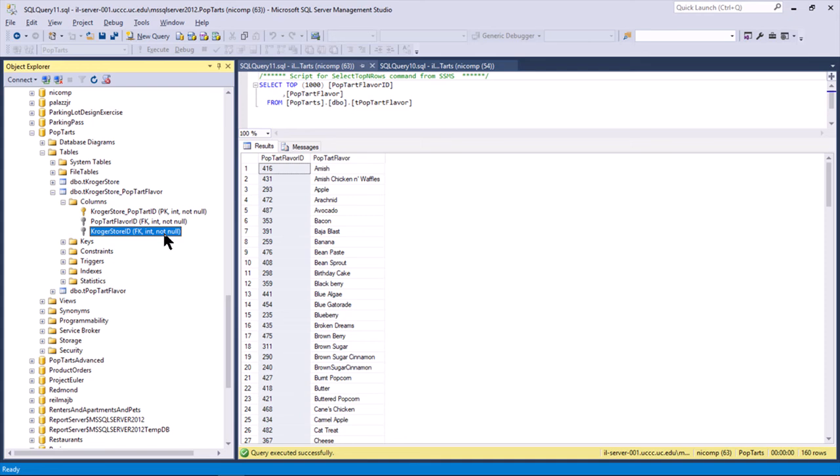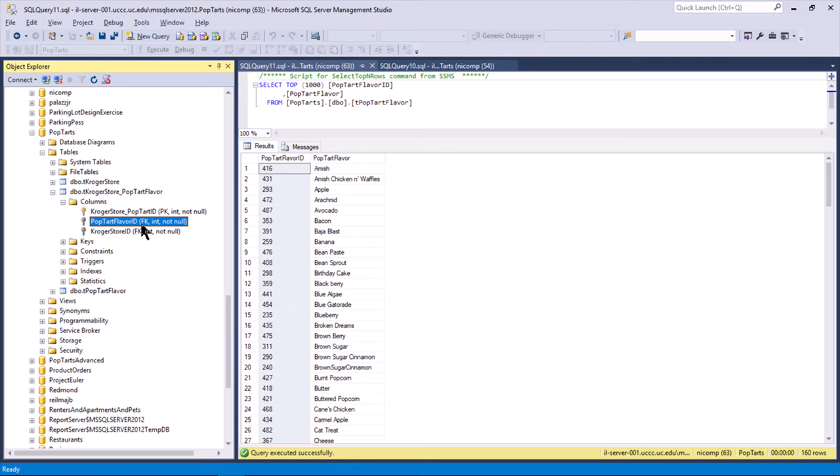From these names, you can guess that the Pop-Tart Flavor ID foreign key relates to the Pop-Tart Flavor ID primary key in the Pop-Tart Flavor table, and the Kroger Store ID relates to the primary key in the Kroger Store table. By naming these fields consistently according to the primary keys to which they relate in other tables, we have some semantic value that we can look at here.